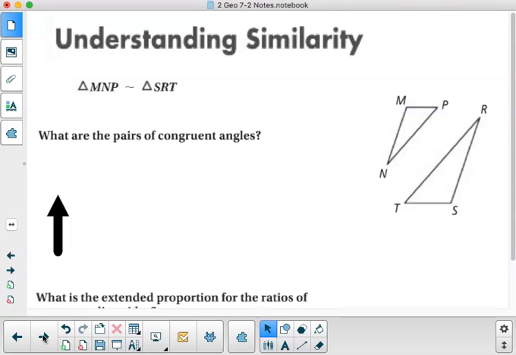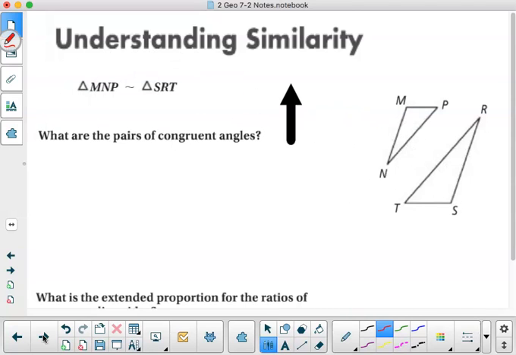Sliding on here, understanding similarity. Similarity, remember, this tilde says triangle MNP is similar to triangle SRT. In similarity, order matters. So they're asking, what are the pairs of congruent angles? I don't even have to look at this. We don't even need this picture because we are given a similarity statement.